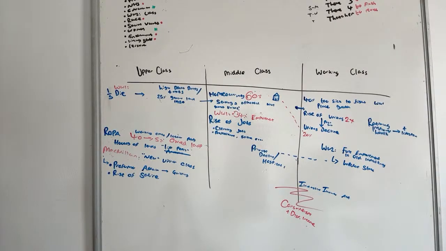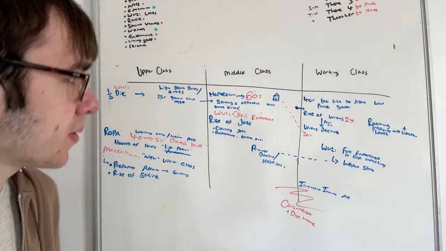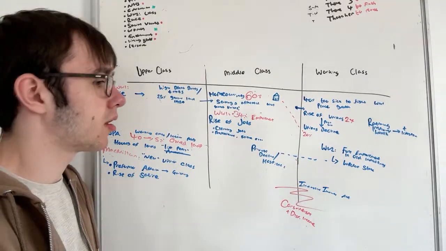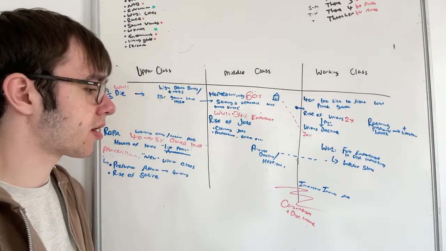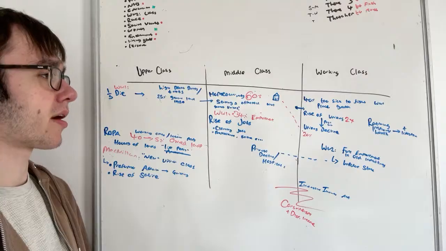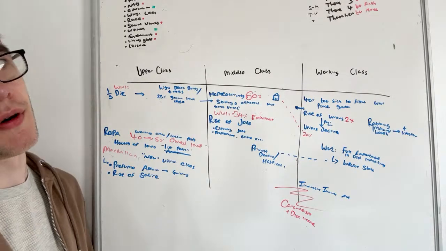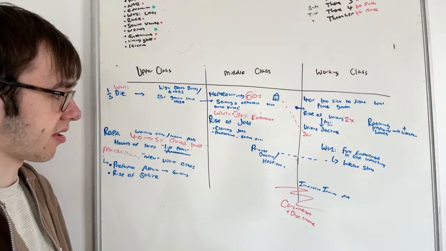Basically, the upper class has a little bit of a wobble because of World War One heavily impacting. So if we got an exam question, let's plan this now. The question might be: how accurate is it to say that war was the most leading factor for changing class values?